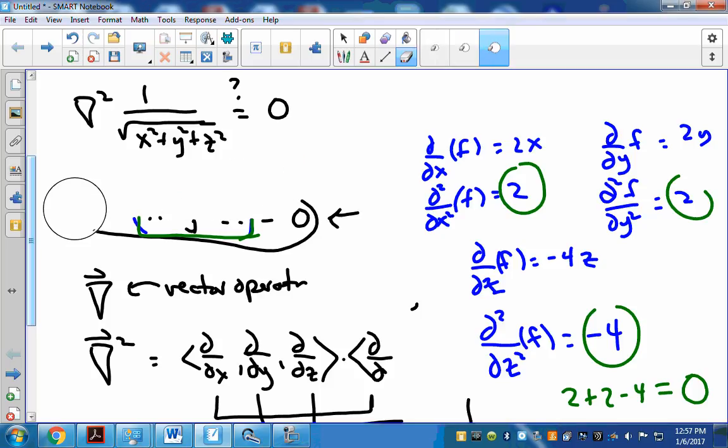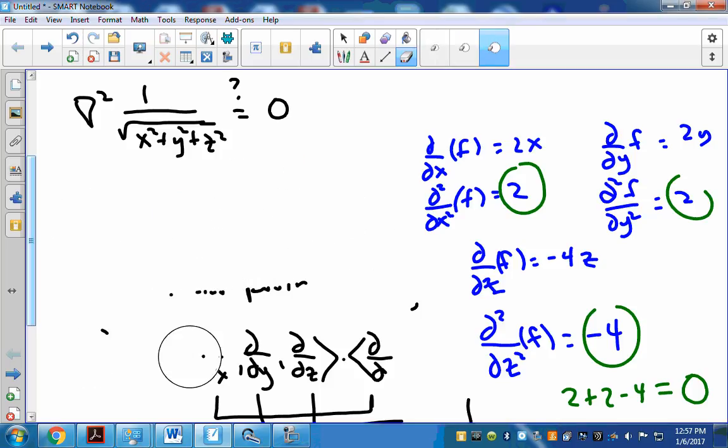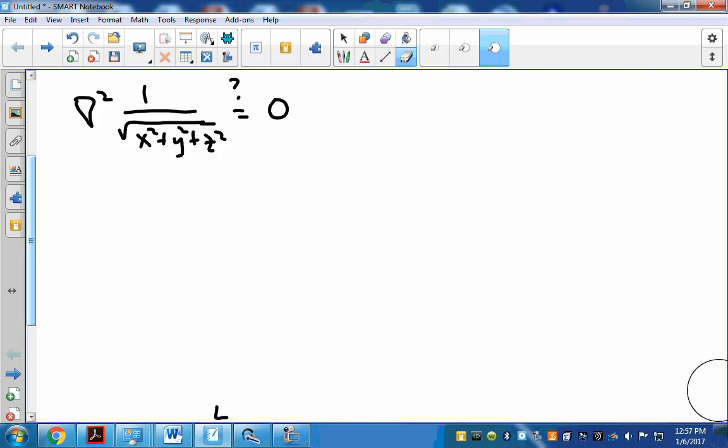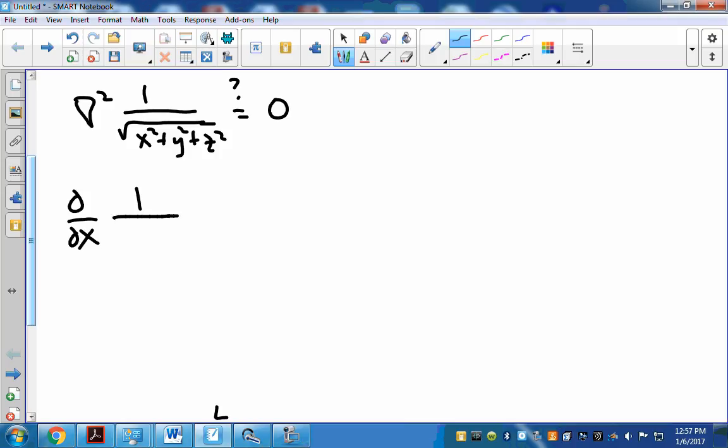Okay, so here's the problem in the book. And all we have to do is find those partials, and we've already done some of this work. So let's sort of recall what we did. The first partial with respect to x of this particular function, 1 over the square root of x squared plus y squared plus z squared.